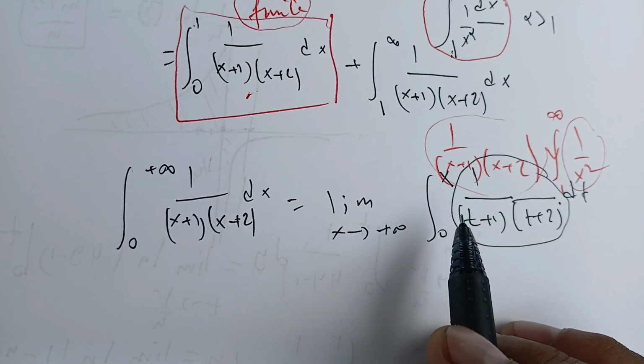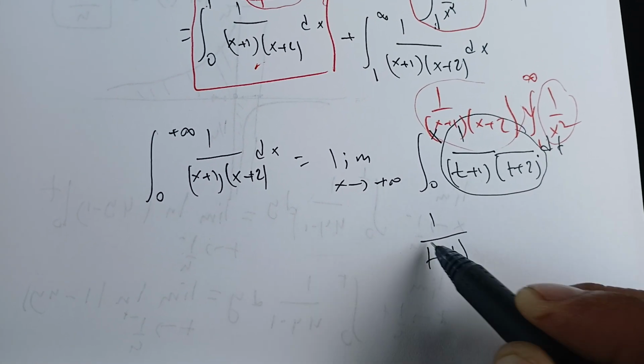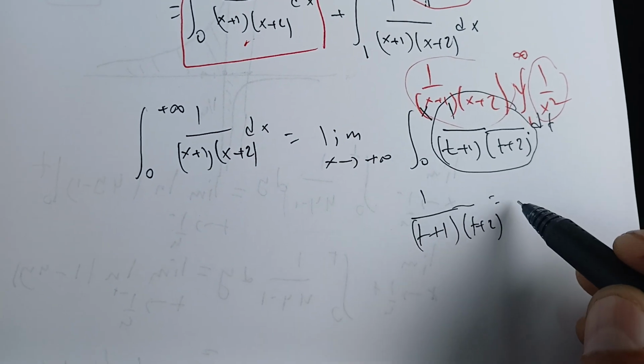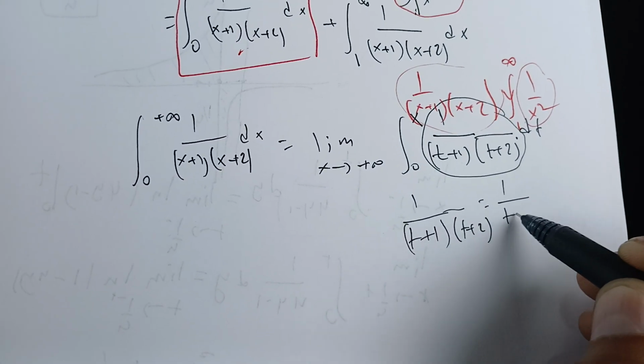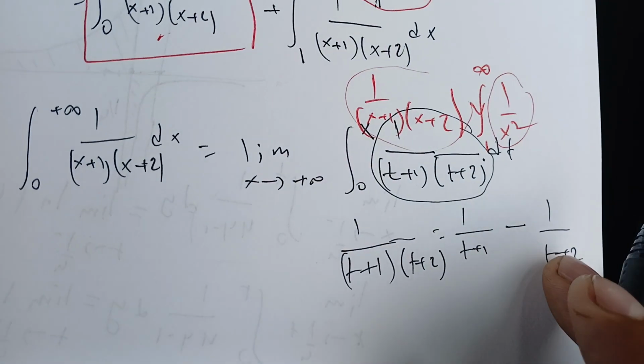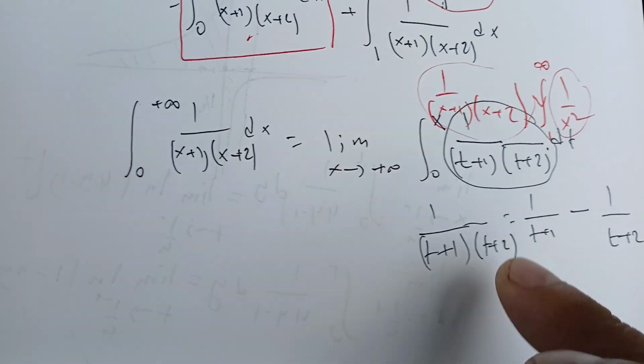So now we know how to compute this one. This is a fraction that we can decompose very quickly. So 1 over (t plus 1) times (t plus 2) is going to be 1 over (t plus 1) minus 1 over (t plus 2). Let's check: (t plus 2) minus (t plus 1) is 1. Yes, so this is the right one.